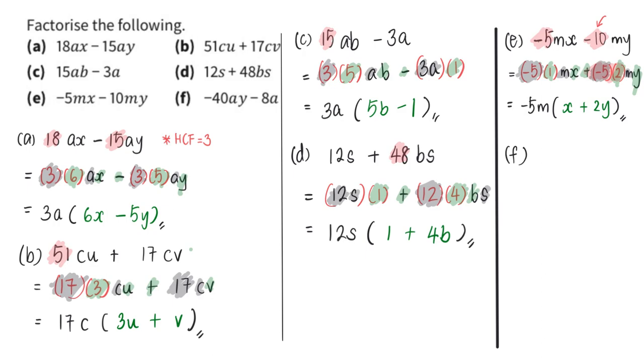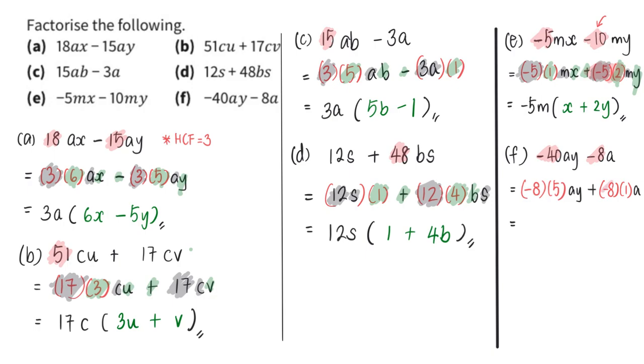And the last part of this question will be part F. Negative 40ay minus 8a. Similarly, you would then see Mr. Tan rewriting these two values as negative 8 times 5 plus negative 8 times 1a.